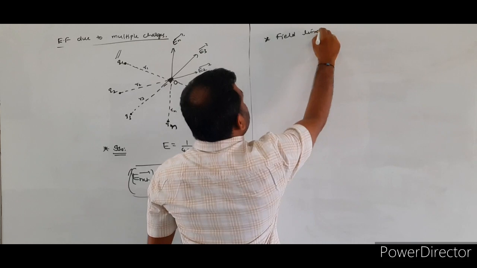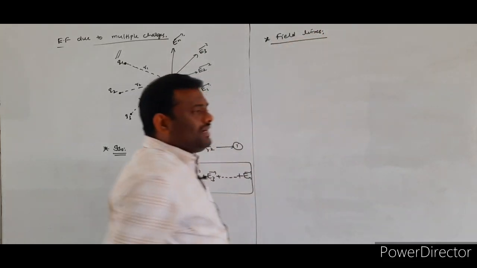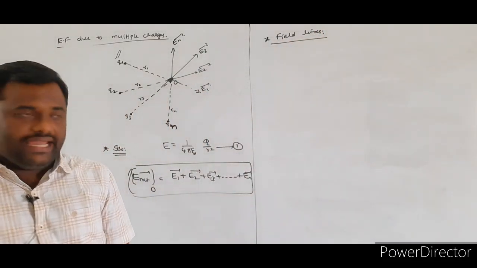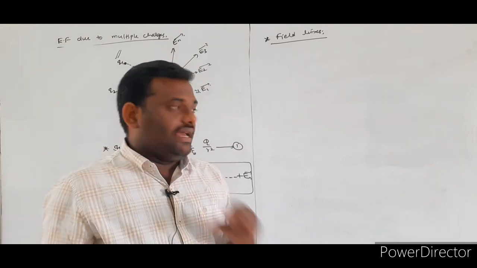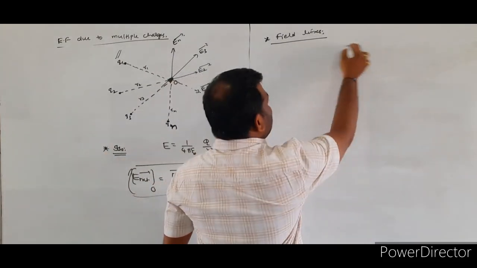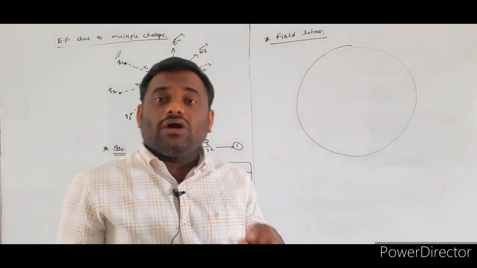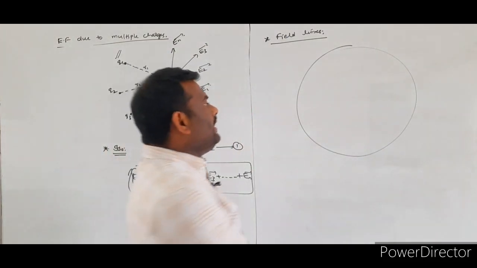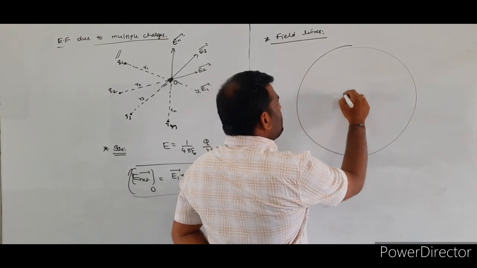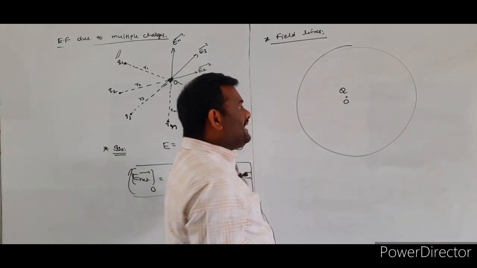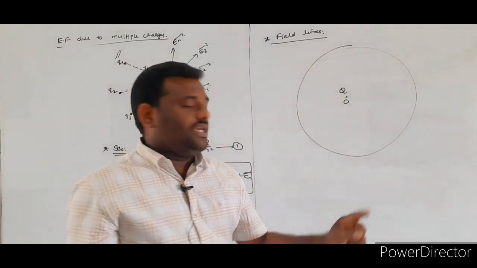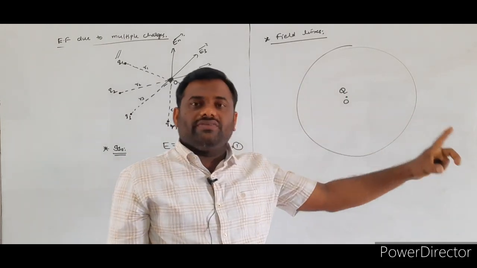What is that? Electric field lines. What is the meaning of the field lines? Already we know the definition of the electric field. What is the definition of the electric field? The space surrounded by the given charged particle. So, for example, at the point O, we assume capital Q amount of charge will be there.